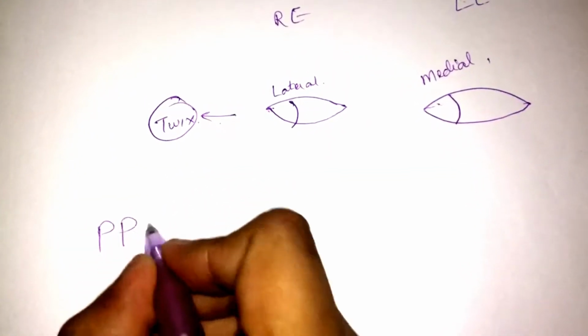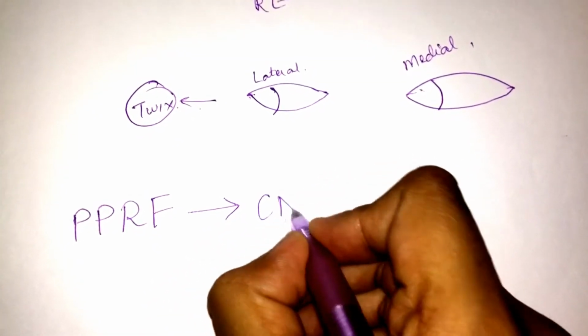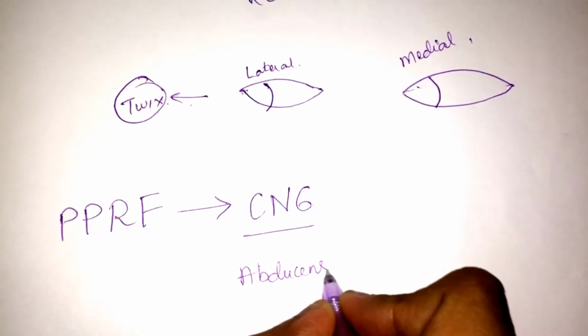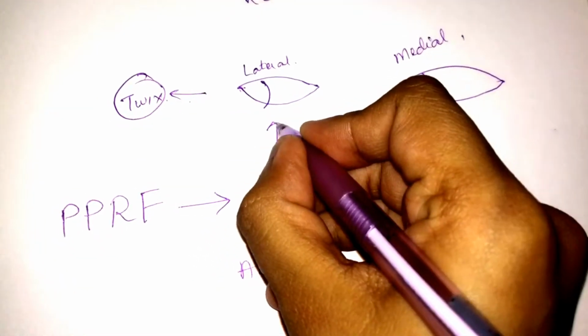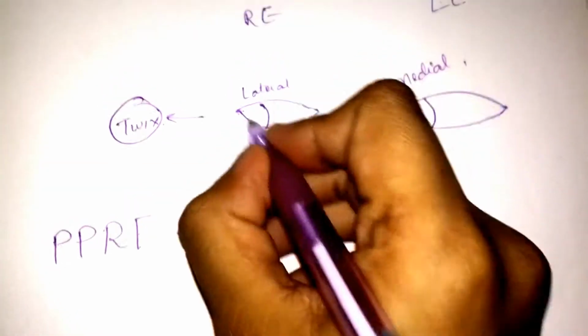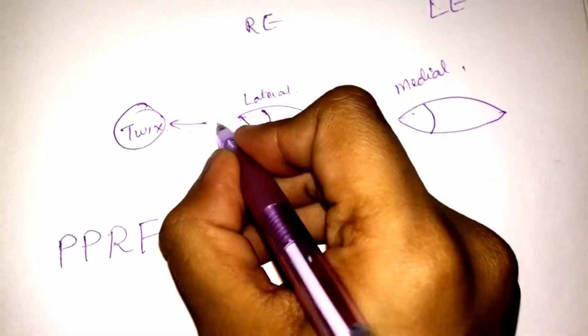What the PPRF does is it sends signals to the cranial nerve 6, the abducens nerve, which with the help of lateral rectus muscle makes the right eye look at the lateral side.